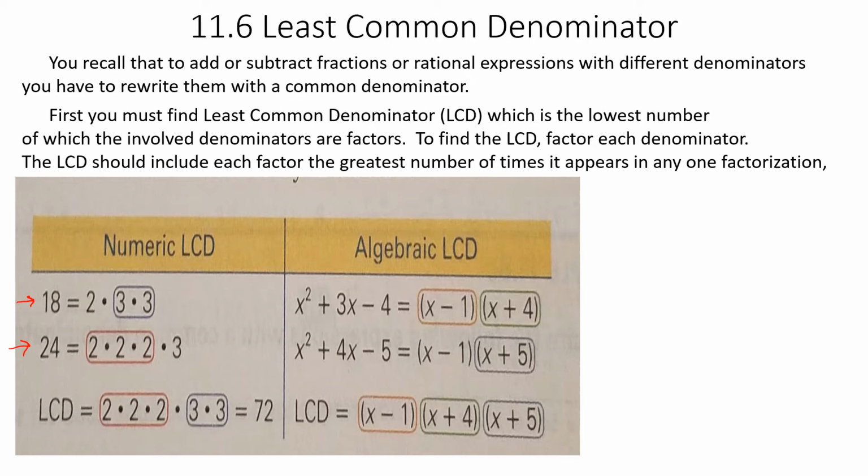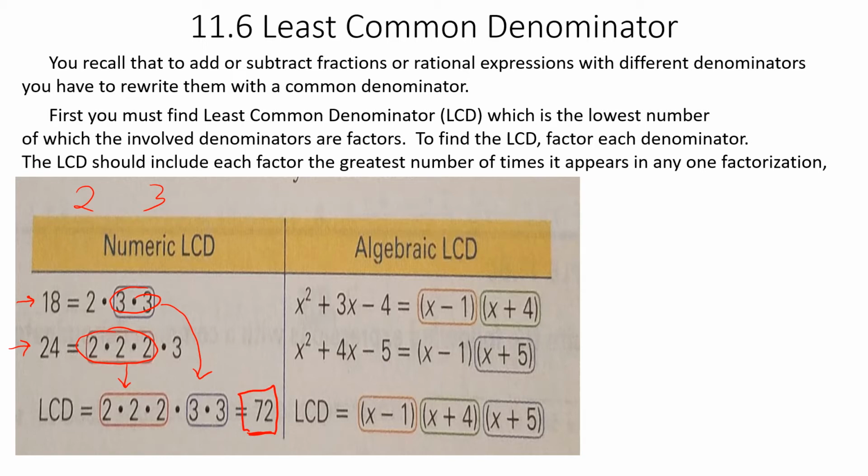The factors they have are 2 and 3. But you want to find out which one lists the most. For 2, this one has 3, so that's why they chose to put that one in the LCD. And looking at the factor 3, which one of these has the most 3's? This one has 2 3's, which is why they put that there. Then you multiply straight across and you get 72, which is your LCD.